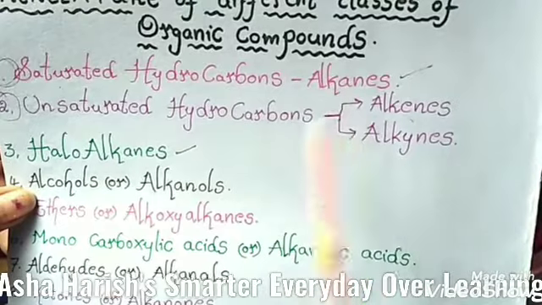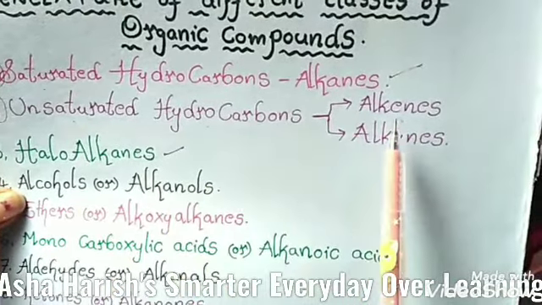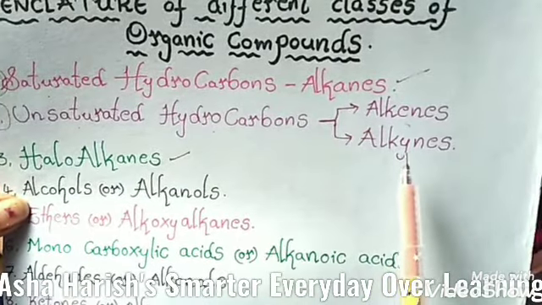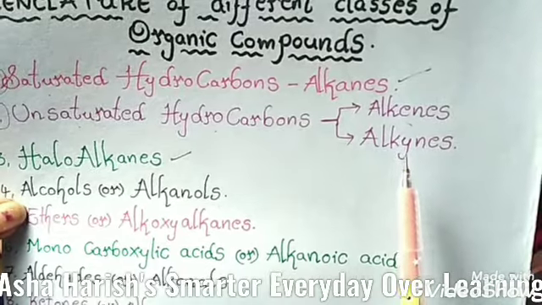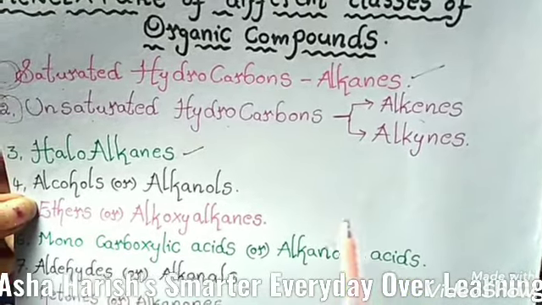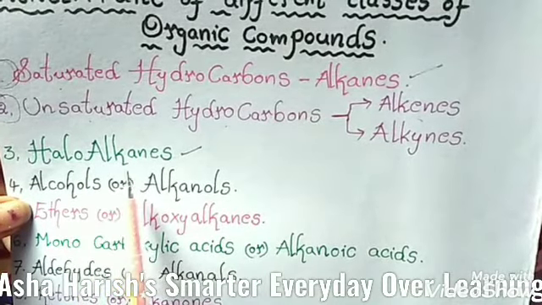Unsaturated hydrocarbons, alkenes and alkynes, their general formulae and examples, I also explained. And students, in this category we are going to learn about the third one, haloalkanes, in this session.